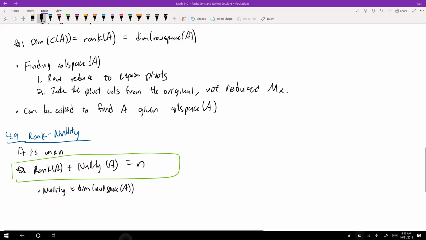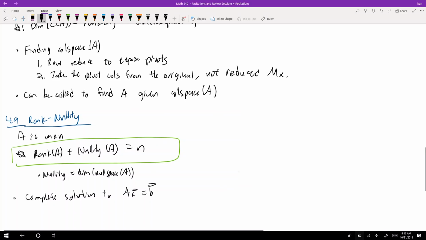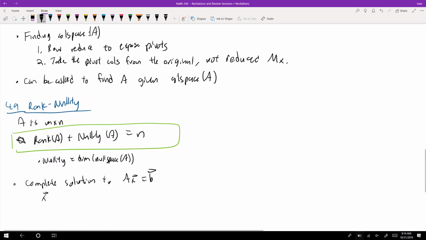Okay, what's an application? It's the complete solution to Ax = b. So if you remember, x is equal to some particular plus some homogeneous, where the homogeneous part is the solutions to Ax = 0, which is the null space, right?